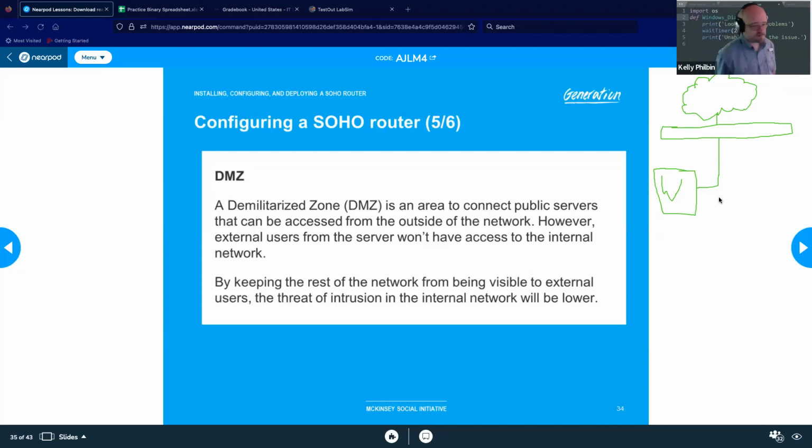Files, maybe. More basic. Hotspot? Well, they would hopefully have that with them. But email, right? There we go. So email.